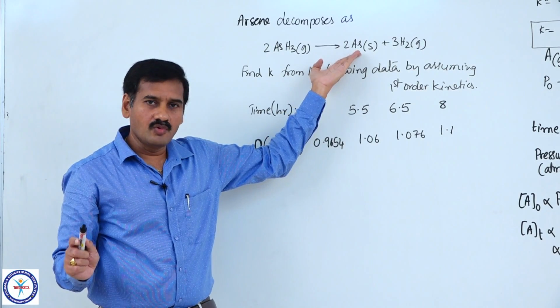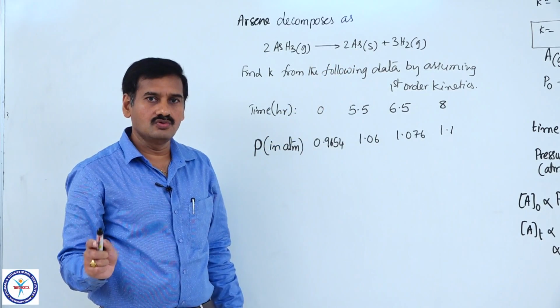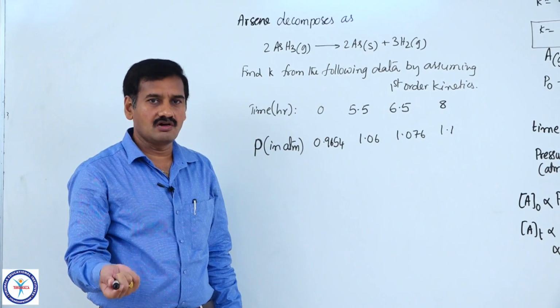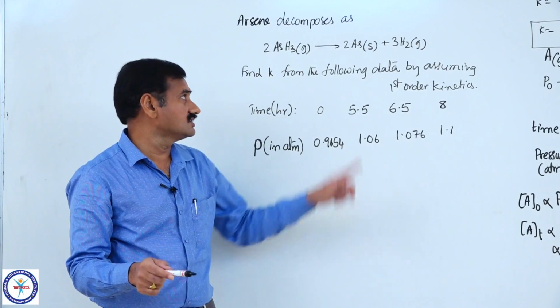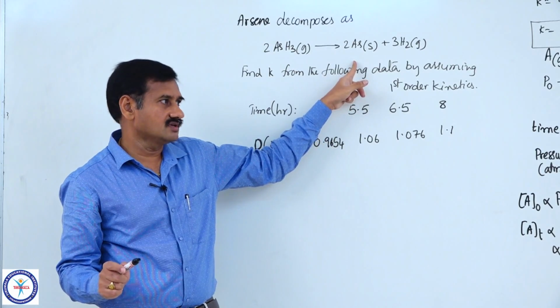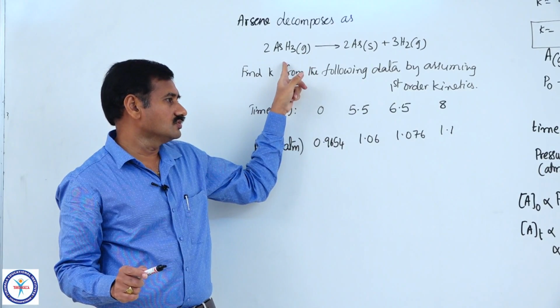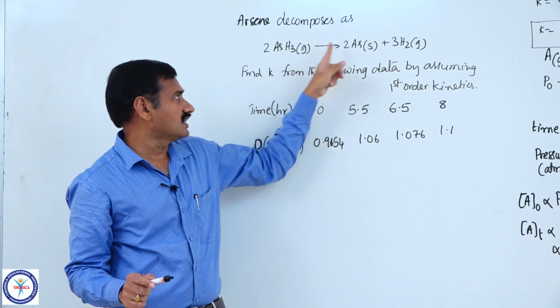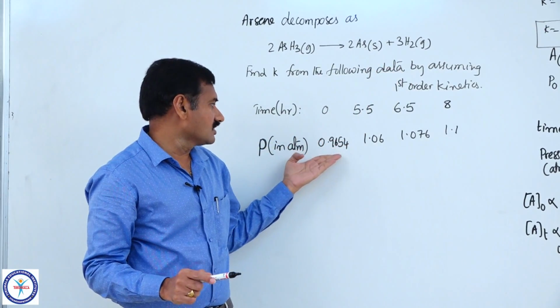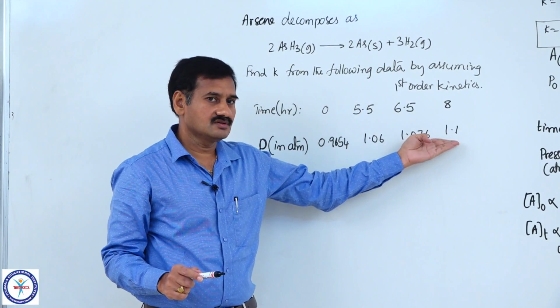Whatever may be the number of moles of arsenic produced due to decomposition of arsine, there is no pressure developed because of arsenic, because it is solid. So, whatever pressures we are observing, the pressures are due to AsH3 gas and H2 gas, that is it. So, these are the pressures given at different times.